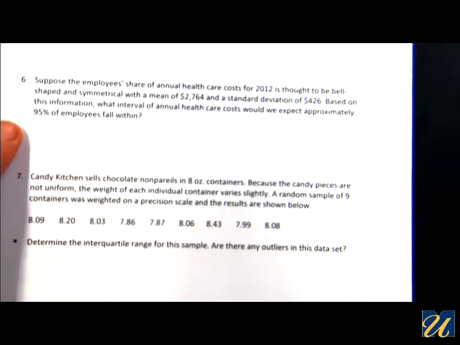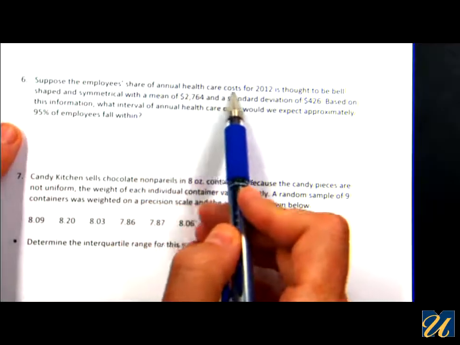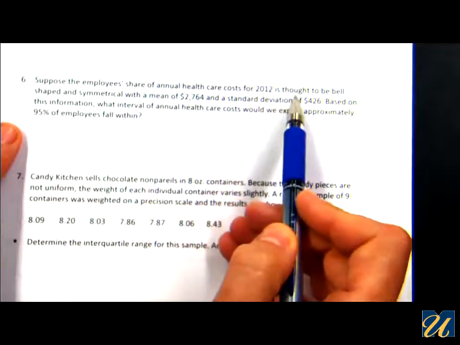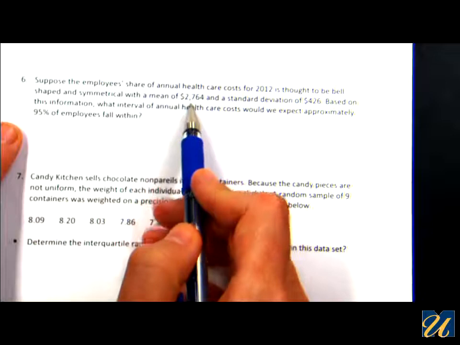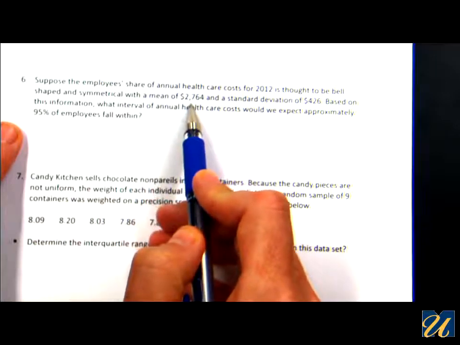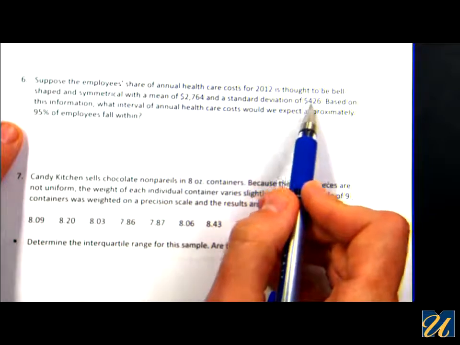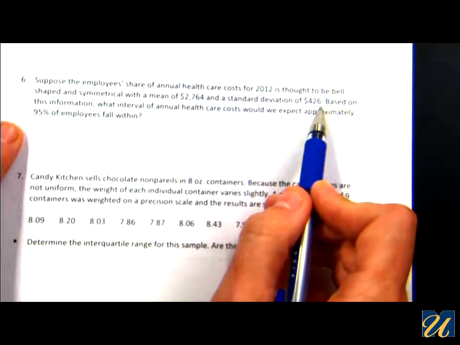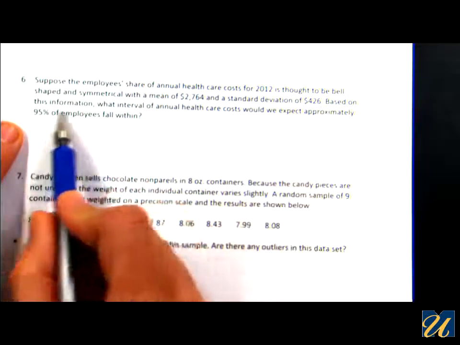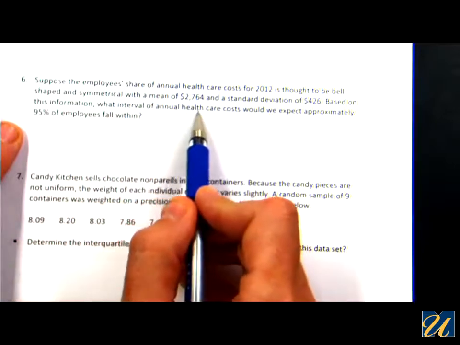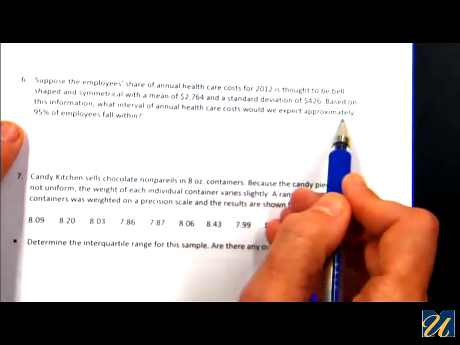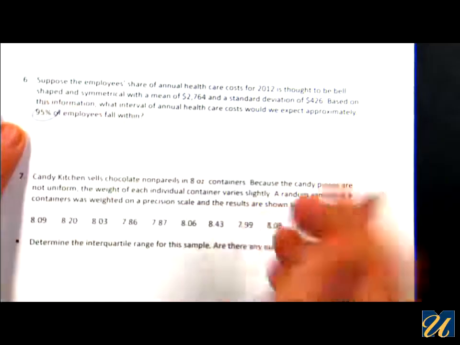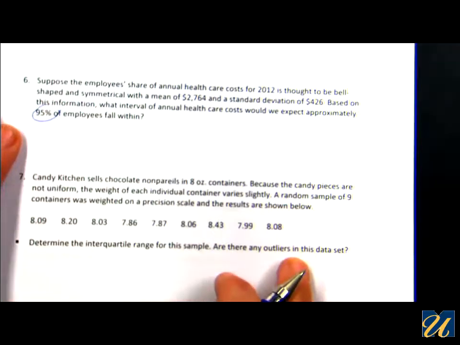Now, suppose the employee's share of annual healthcare cost for 2012 is thought to be bell-shaped and symmetric, with the mean of 2,796 and the standard deviation of 426. Based on this information, what interval of annual healthcare cost would we expect approximately 95% of the employees to fall within?